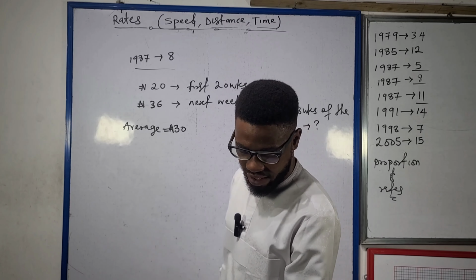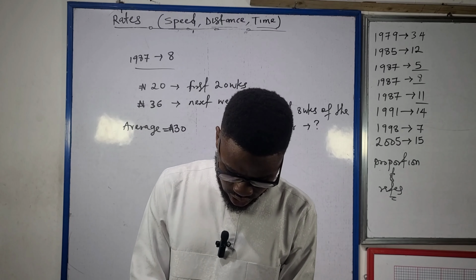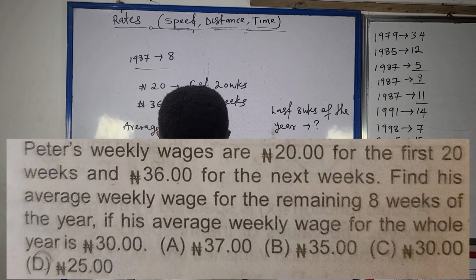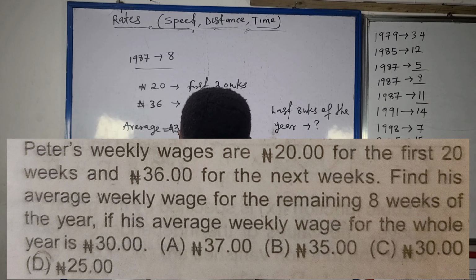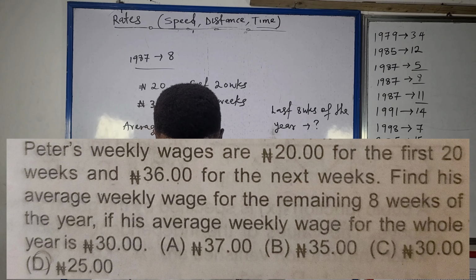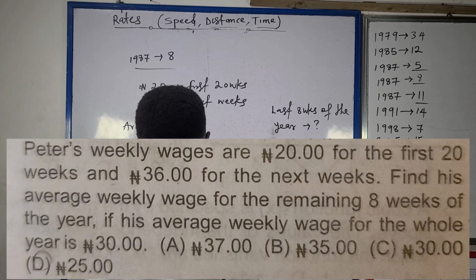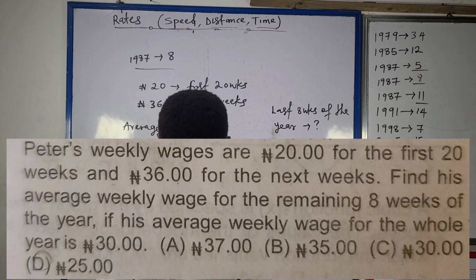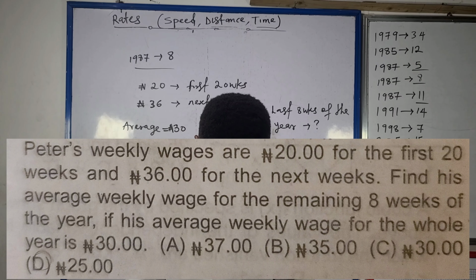So moving on, we have another question. We were told that Peter's weekly wage is 20 naira for the first 20 weeks, 36 naira for the next week. Find his average weekly wage for the remaining 8 weeks of the year if his average weekly wage for the whole year is 30 naira.